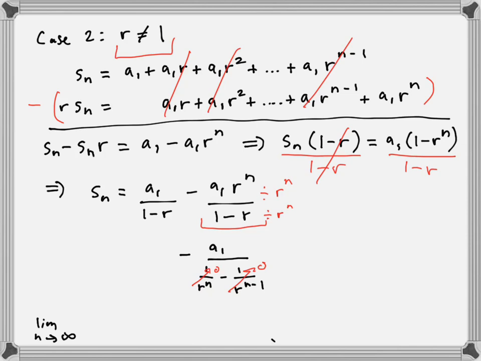Okay, so here's what we're going to do. We're going to look at this on the next page. Again, we are examining this term right here. This is the one that we care about. We're doing the limit as n goes to infinity of a1 r to the n over 1 minus r.